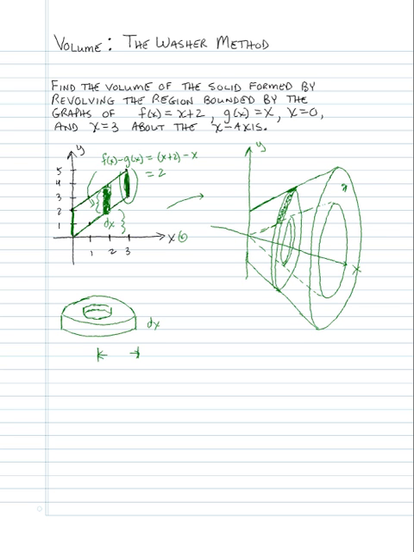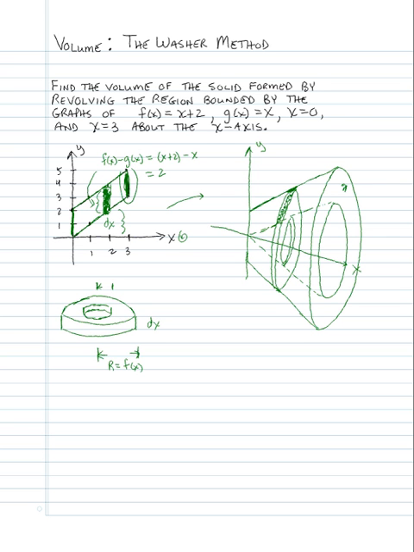See, it's the top of that rectangle that we rotated. Let's call that radius capital R, and in this case, it's the top function, f of x. Now, there's also the radius of the hole.